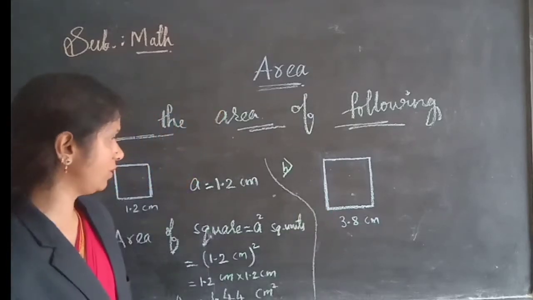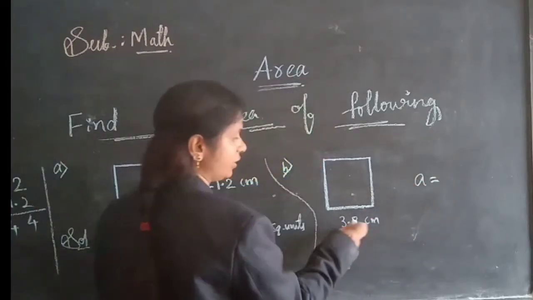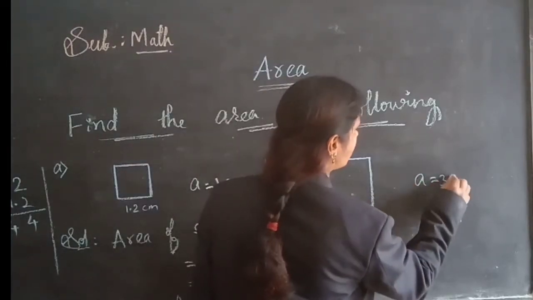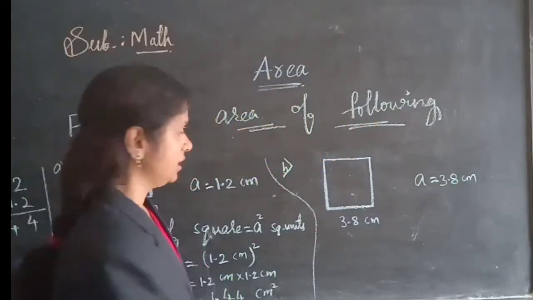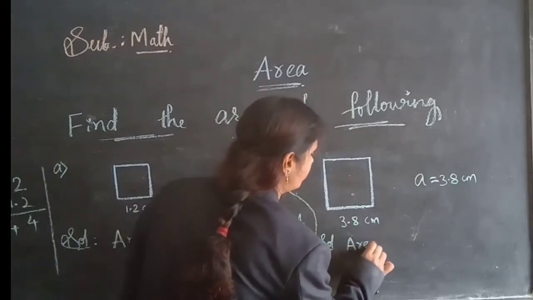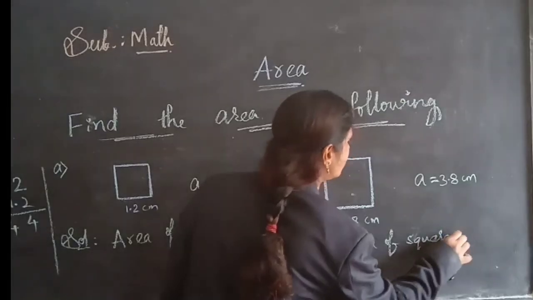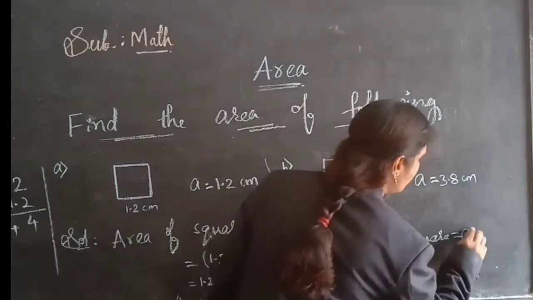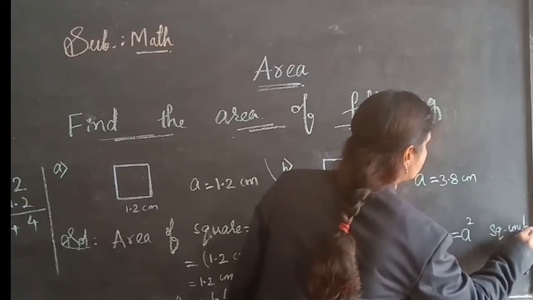Coming to this problem, children, here the side length is given as 3.8 centimeters. So I am taking 3.8 centimeters as the side length. So area of square, what is the area of the square here? A square, square units.